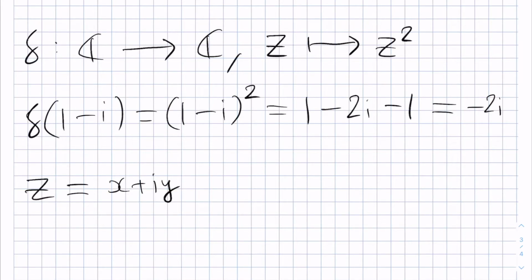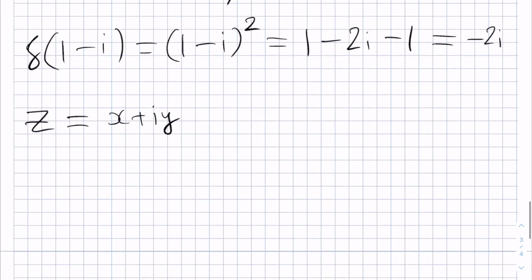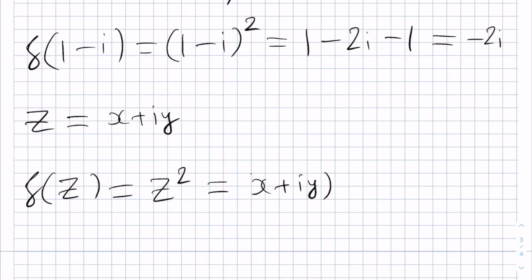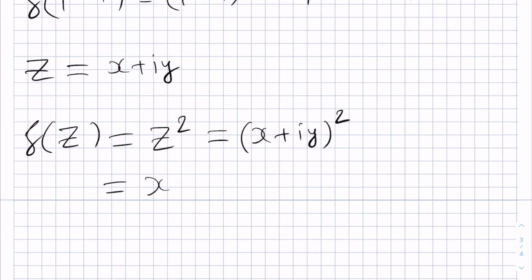Let's try and do this for the first complex function, f of z equals z squared. By writing z as x plus iy, we get f of z equals z squared, which is x plus iy all squared, and then we expand to get x squared plus 2ixy, and then we have a plus iy all squared.